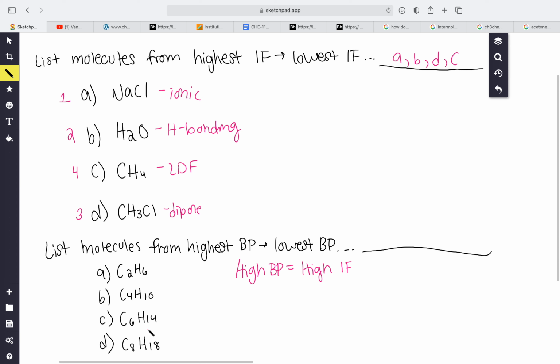We're going to assume that these are all at the same temperature and pressure, so the only thing that we can compare here is the mass, right? And as we said before, as the mass increases, the intermolecular forces will also increase. So I'm going to say that this one has the highest, this one's going to be second highest, third, and fourth. So it'll be D, C, B, A.